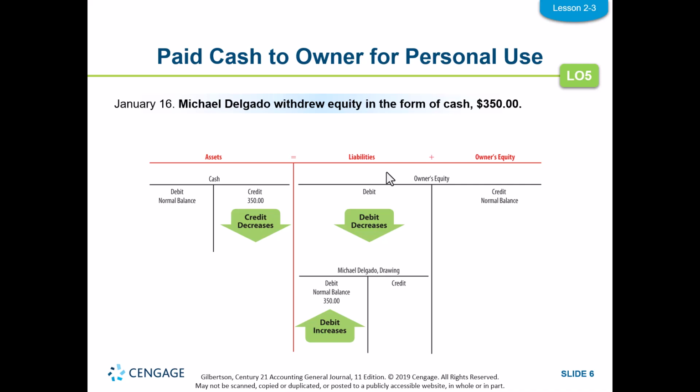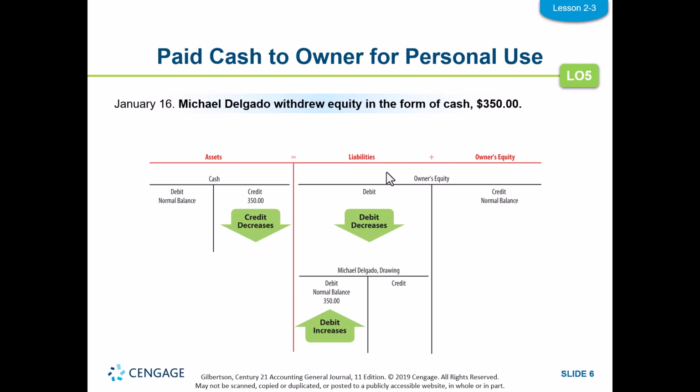Just like with our expense, remember yesterday when we talked about our chart of accounts and those 300 level accounts, there was the capital account, the drawing, and then the income summary. And I said the drawing account is used anytime the owner is withdrawing funds. So because Michael Delgado is withdrawing equity in the form of cash, that's why we have this drawing account.